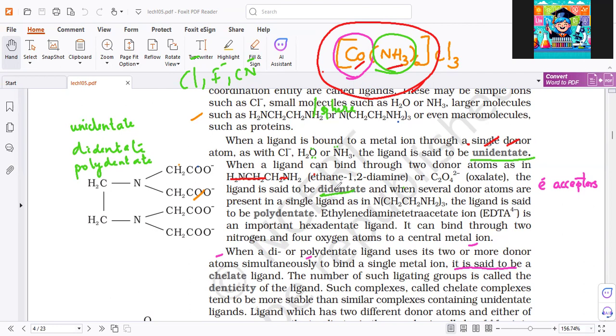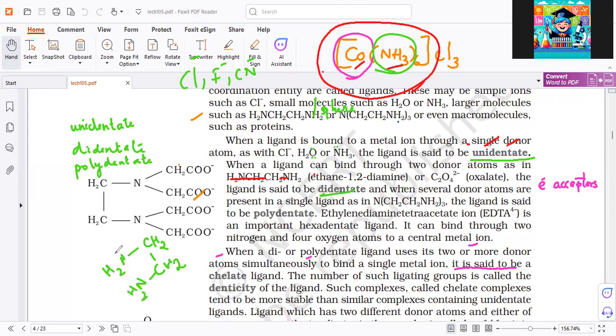The example for didentate ligands is ethane diamine. Ethane diamine has the structure NH2CH2CH2NH2.